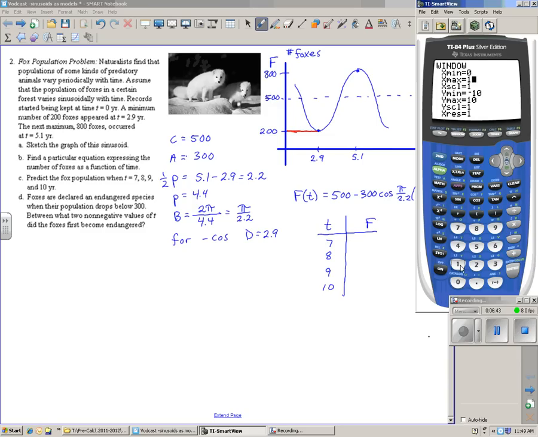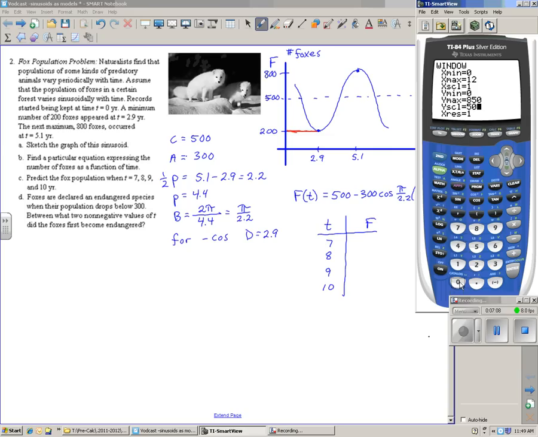So I think I'll go out to 12, just so I see a little bit beyond that. I'm going to go by a scale of 1. My y minimum can also be 0. My graph is not going to dip below the t-axis, and for my maximum, I think I'll go up to 850, and I think I'll make my y scale go by 50.